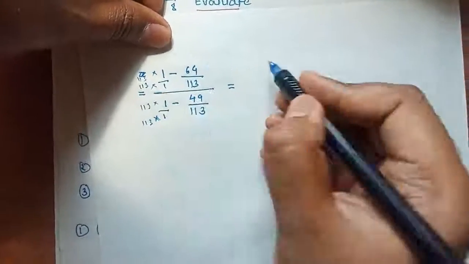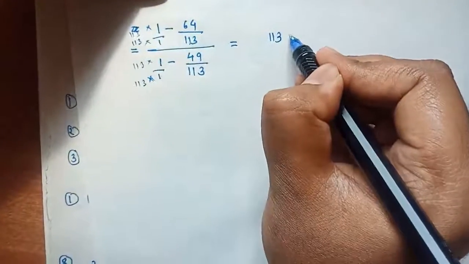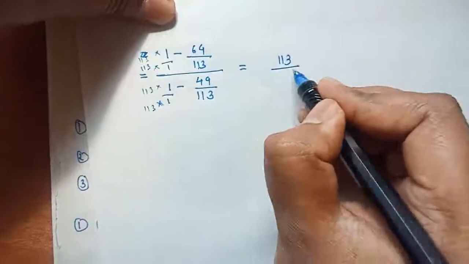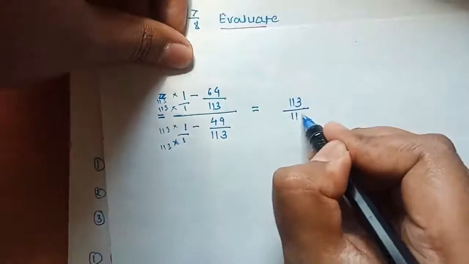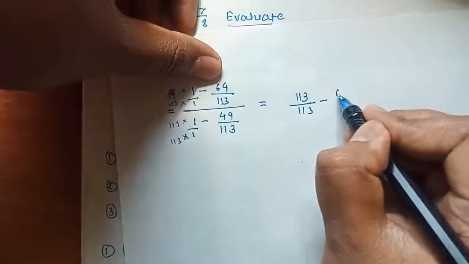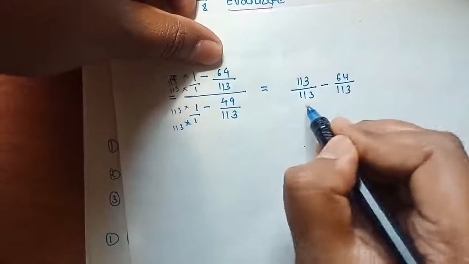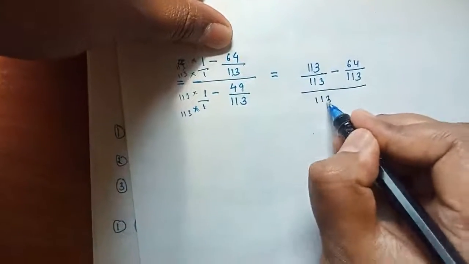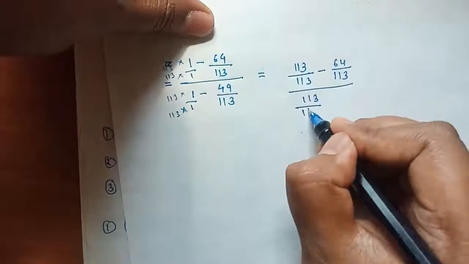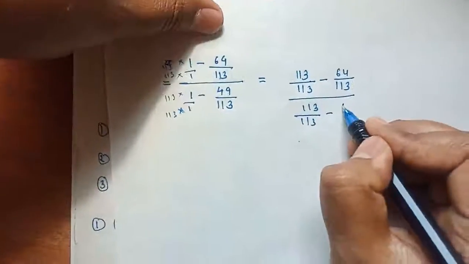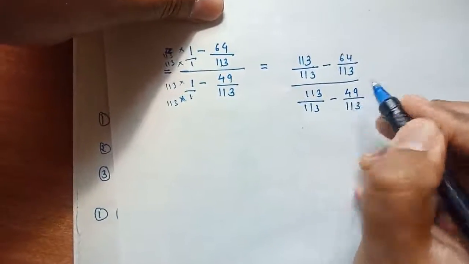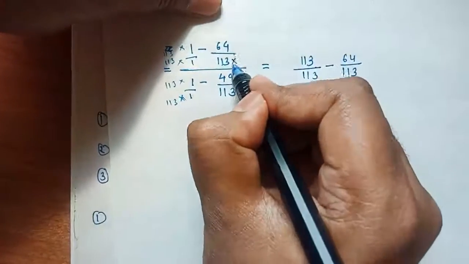So 113 into 1 is 113 upon 113, minus 64 upon 113. Here also the same thing, 113 upon 113 minus 49 upon 113. Here 113 is already the denominator, so multiply by 1.